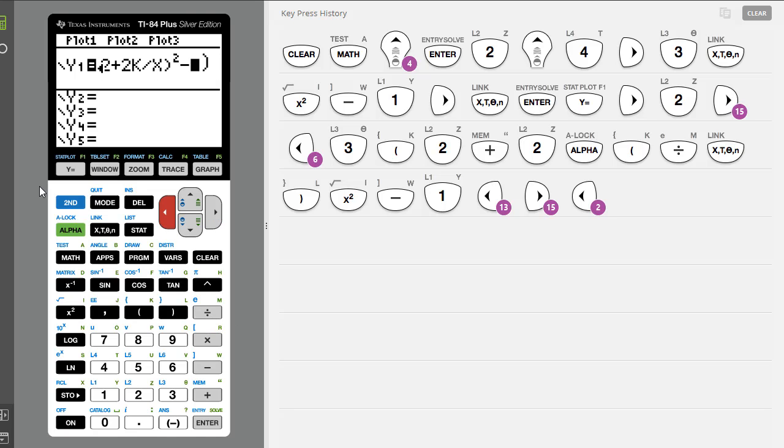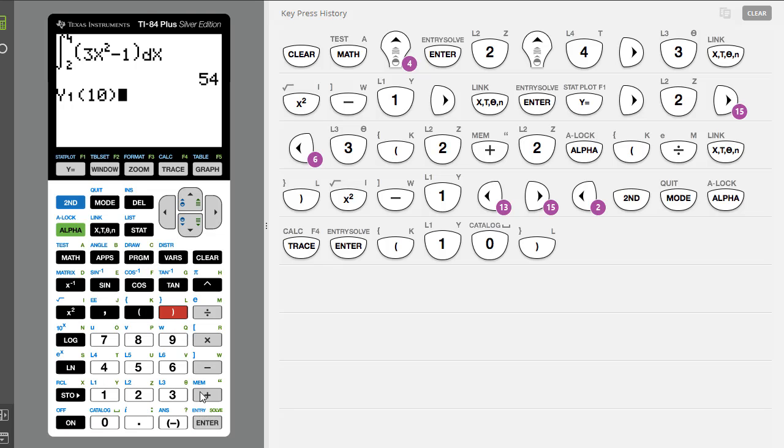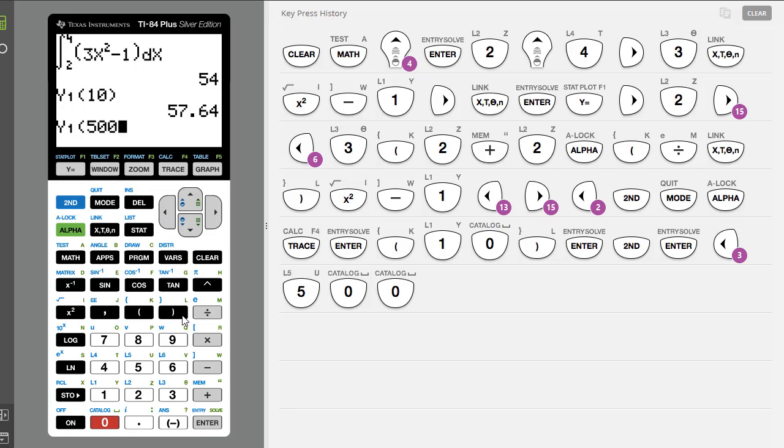All right, so I'm going to get out of here and let's look at y of 10, or f of 10. So this is what we would get at 10 rectangles. Okay, we're in the ballpark, but we're still a ways off. So I'm going to push it up to 500 rectangles.